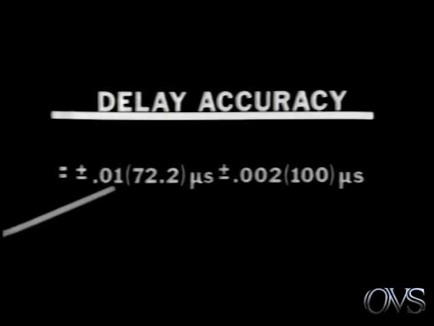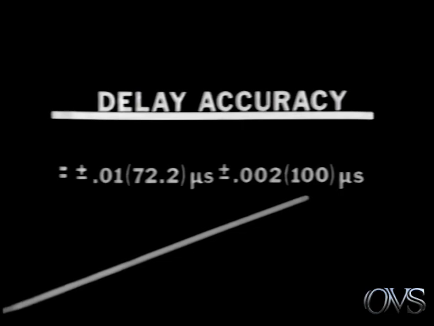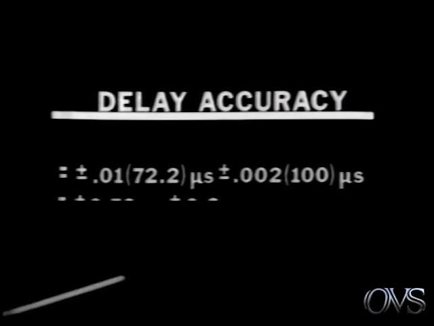The inaccuracy for the delay control itself is specified as plus or minus 0.2% of the maximum delay period. So now to compute our reading and its accuracy, we take plus or minus 1% of our reading, which was 72.2 microseconds, plus or minus 0.2% of the maximum delay period, which in this case is 100 microseconds.